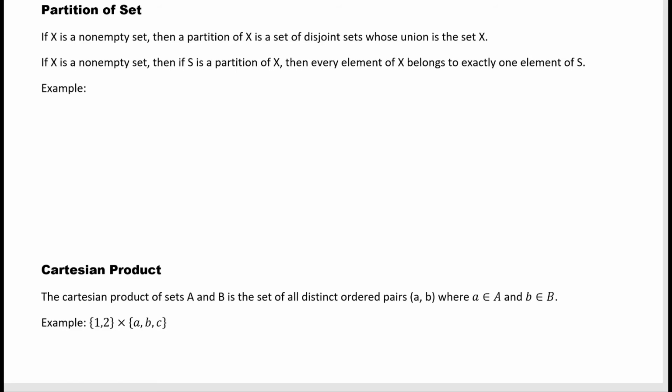Okay, so for example, we can have X to be the set of the numbers 1, 2, 3, 4, 5, 6, 7, 8. We can have a lot of partitions, right? We can just group one element here, group this together, and group the rest together. So we can have a lot of partitions, given the set X.